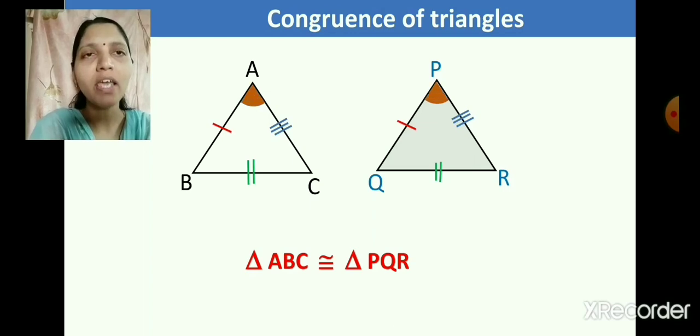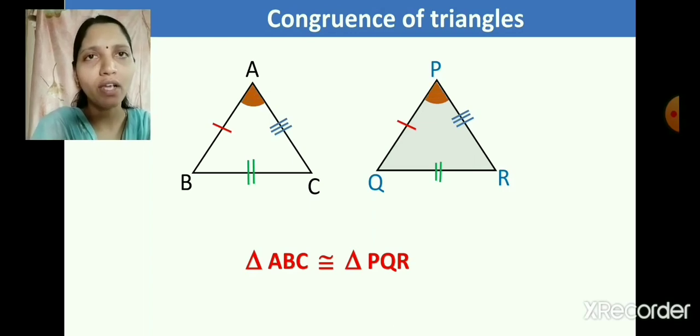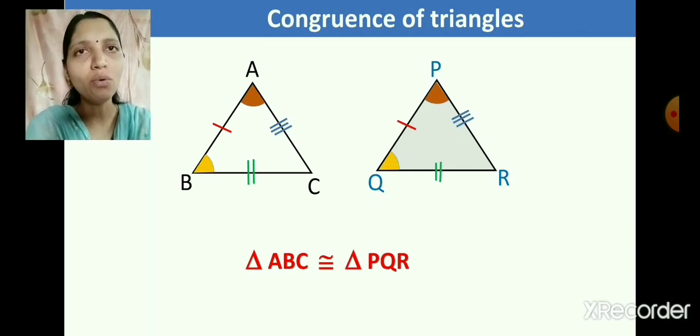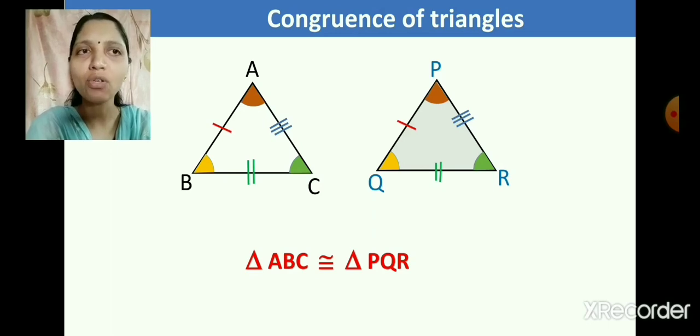Similarly, if angle A is congruent to angle P, angle B is congruent to angle Q, and angle C is congruent to angle R, then also we can say that these two triangles are congruent.